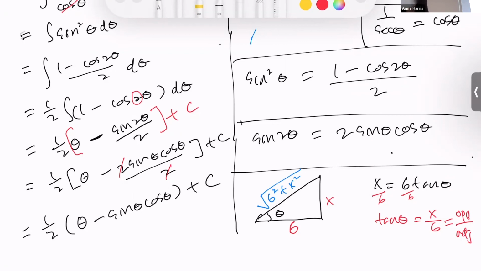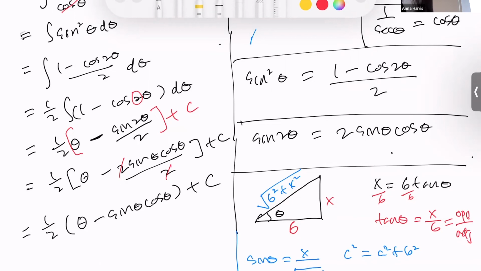Remember the Pythagorean theorem? c squared equals a squared plus b squared. So knowing that, I just need to figure out the sine. Look at this. Sine is what? Opposite over hypotenuse. So it'll be x over square root of 6 squared plus x squared.